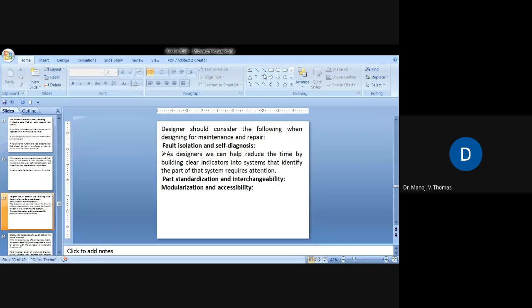Say for example, a mouse. If the mouse becomes faulty and you detach it, it will not affect the other parts. Or if the keyboard becomes faulty, you can replace it and install a new keyboard. That is modularization, where the individual parts are assembled in a modular fashion. Then accessibility.